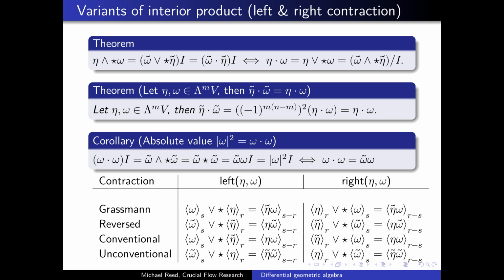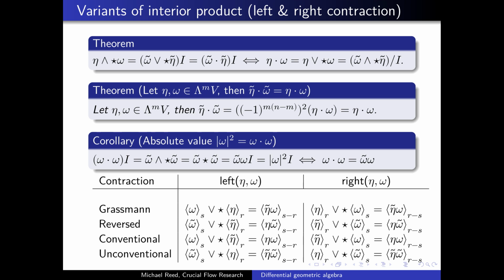What actually is the difference between the left and the right contraction? Well, if we take a look at the table we have here, this table which I created demonstrates that when we look at the geometric product construction of the left and the right contraction, it's the reverse of eta times omega using the geometric product, and then using a grade projection using s minus r or r minus s to project onto the grade space. So what was the actual difference there between the left and the right contraction?